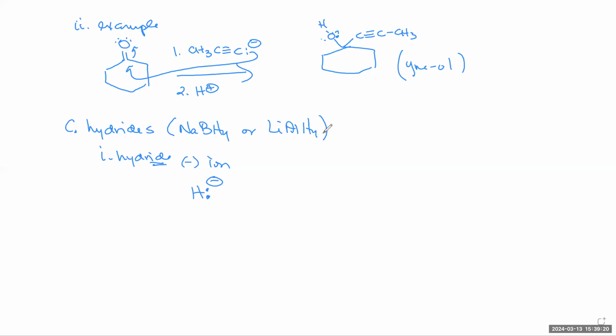And sodium borohydride and lithium aluminum hydride are isoelectronic. Their electron structure is exactly the same. So you'd have sodium, that's a cation, and then you have the boron attached to 4 hydrogens, and boron would in this case have a negative charge because boron's in group 13 or 3. It only has 3 valence electrons, so when you give it 4, it's negatively charged.